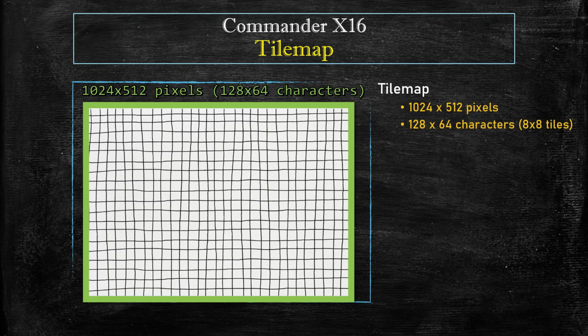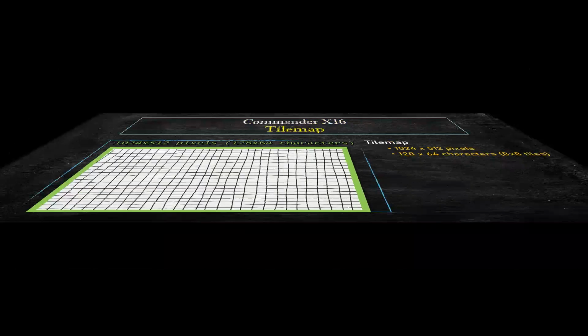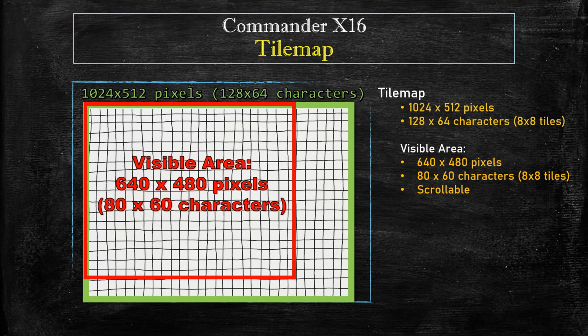But before we take a look at that, let's go on to our next slide here and take a look at a different concept, which is the visible area of this tile map. So this can potentially be confusing for people if they assume that the entire tile map represents the visible area of the screen. Well, actually the tile map is larger than the visible area of the screen, which you can see here.